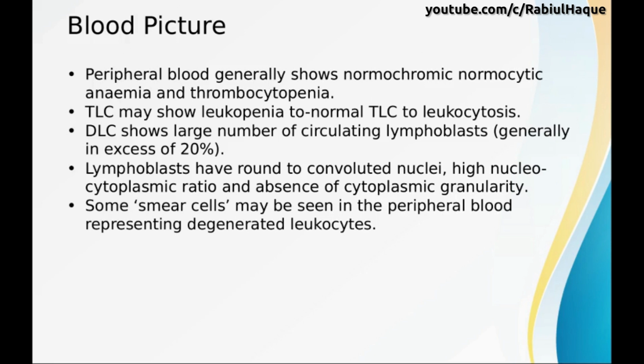Lymphoblasts have round to convoluted nuclei, high nucleocytoplasmic ratio, and absence of cytoplasmic granularity. Some smear cells may be seen in the peripheral blood that are representing degenerated leukocytes.